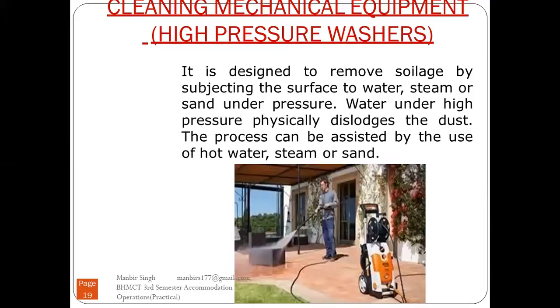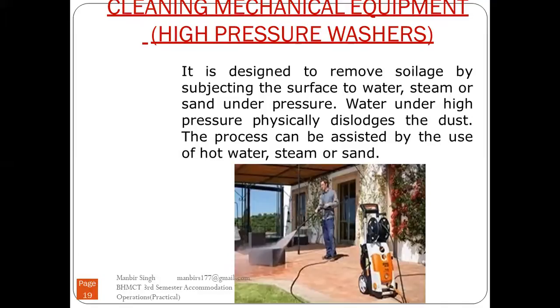Now, next is mechanical equipment such as the high pressure washer, which is also used for cleaning outside areas of the hotels, like the cemented area of the garden, outside area of the banquets, the pool areas.